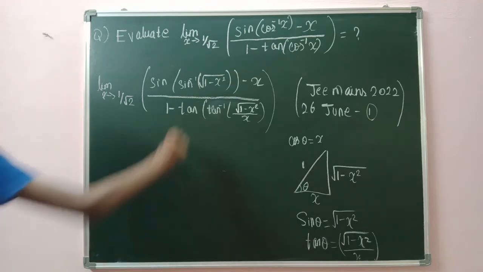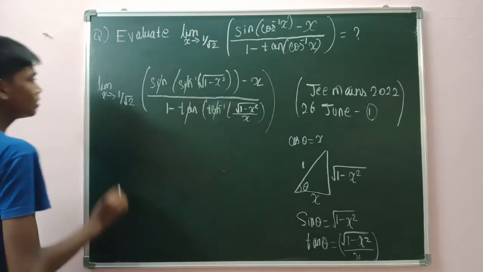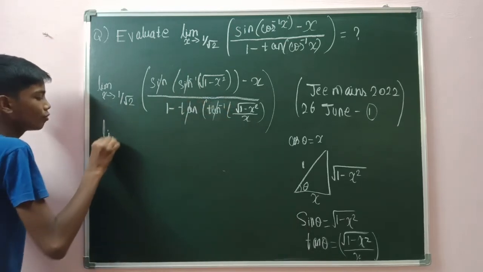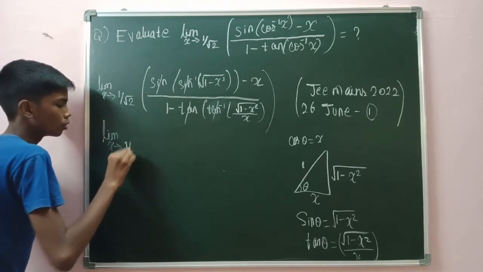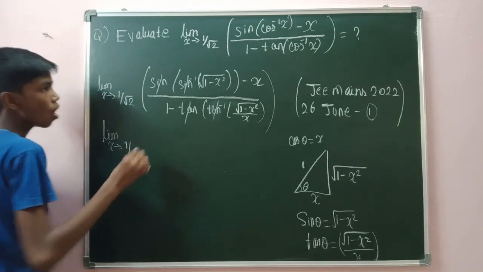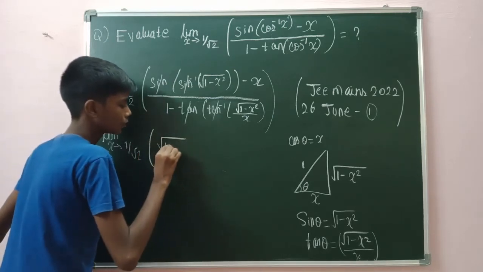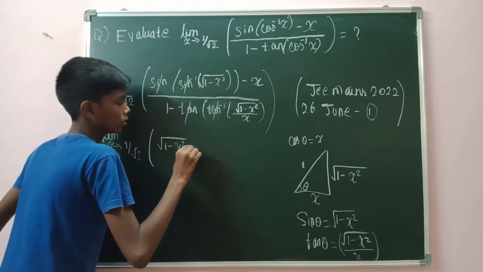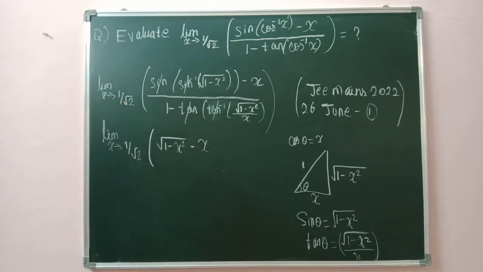So now I can cancel all this sine and sine inverse, I can cancel this tan and tan inverse, so that I will be left with the limit of x tends to 1 by root 2 of root of 1 minus x square minus x. Correct na? In the numerator that is something I will be left out with.